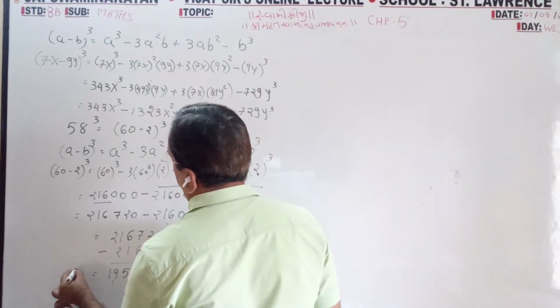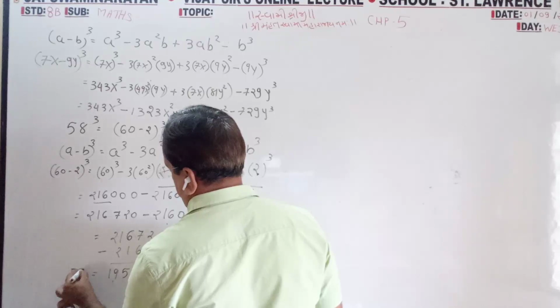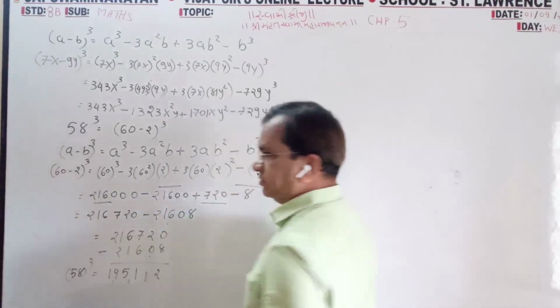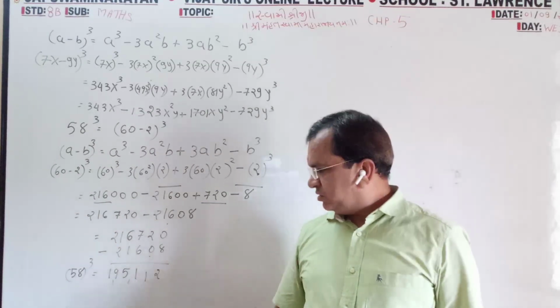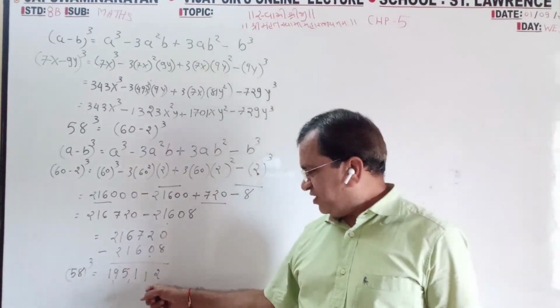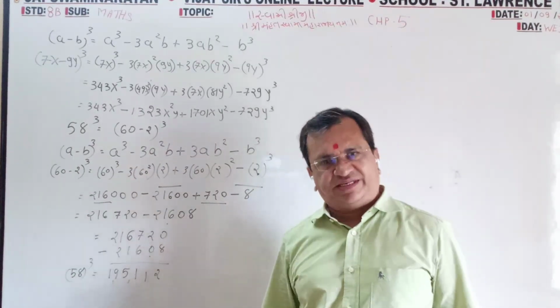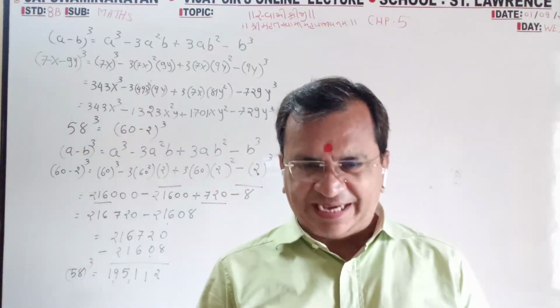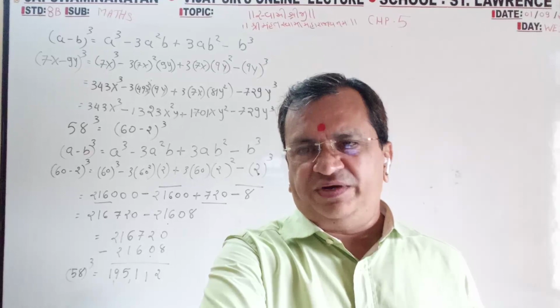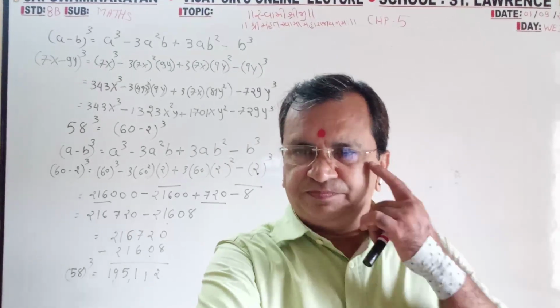It is a cube of 58. From my AB method, if you find the cube root of this, you will get 58. Then your answer is correct. So sometimes back calculation is also very important.